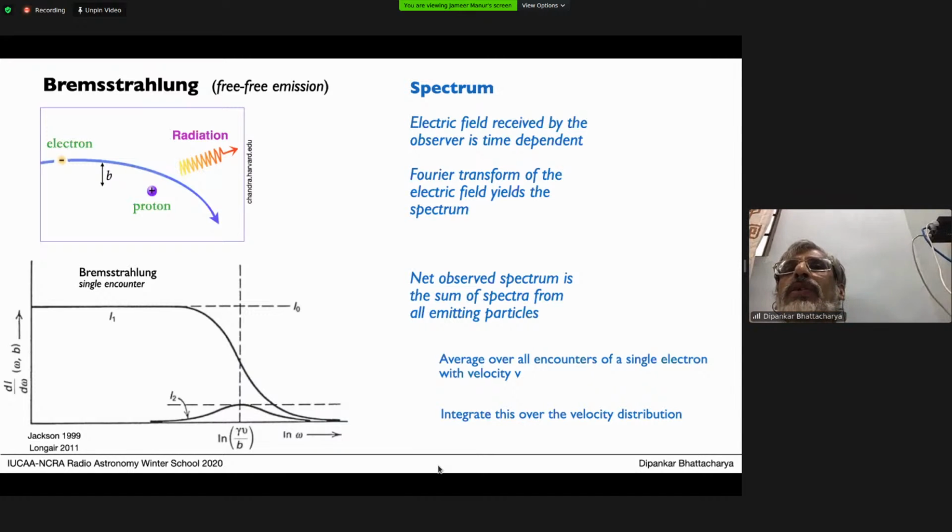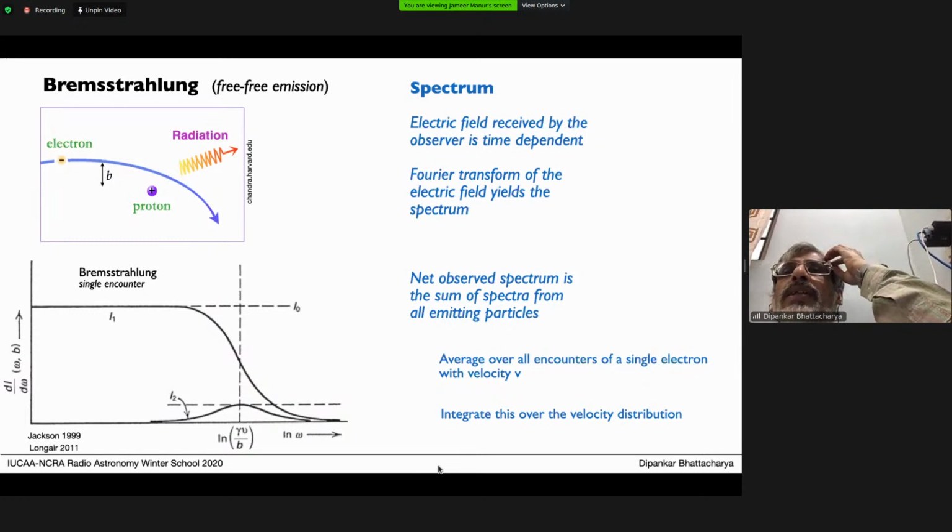As you can see in the upper left-hand corner of the figure, you have an electron passing by a proton with an impact parameter, let's call that b. And that causes the electron trajectory to bend, and this acceleration causes radiation, as we have seen before.